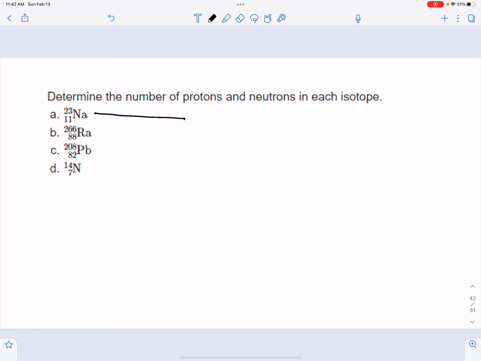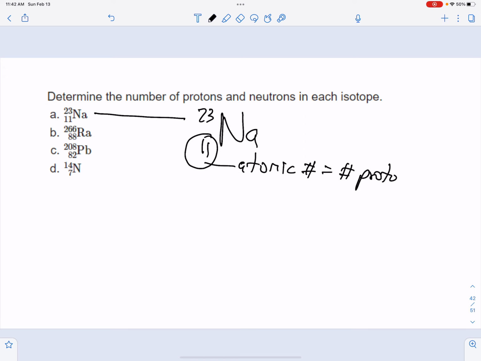So if I have this, where I have sodium 11 and 23, the atomic number is the same as the number of protons. So you get that already.